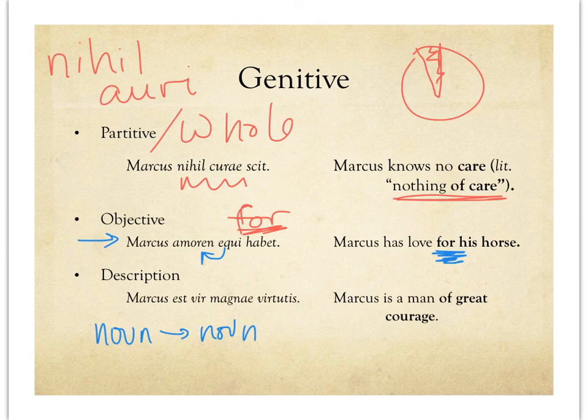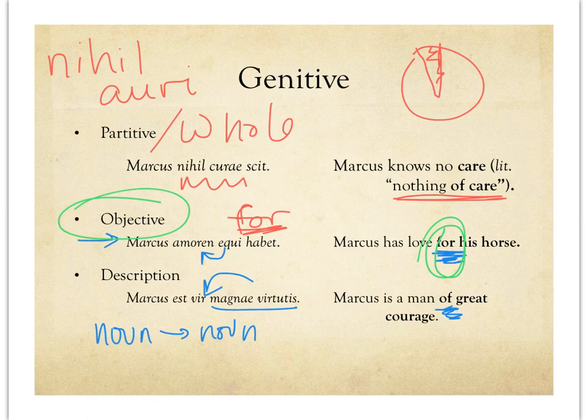But when we say this, we're really describing the man. It's not possession. This isn't really hard to translate because we're just going to translate it with of, just as we would translate any other genitive, but it's really describing the man. The objective is the hardest of these because instead of using of, we tend in English to use for to express this idea.